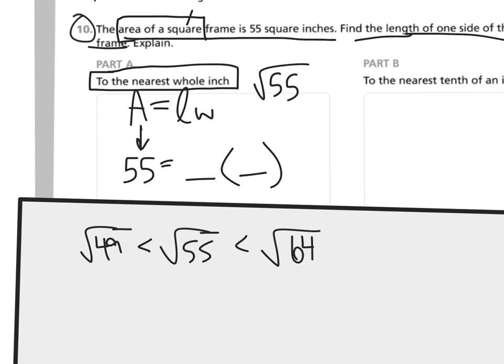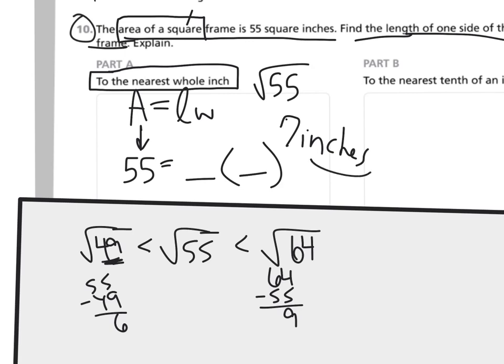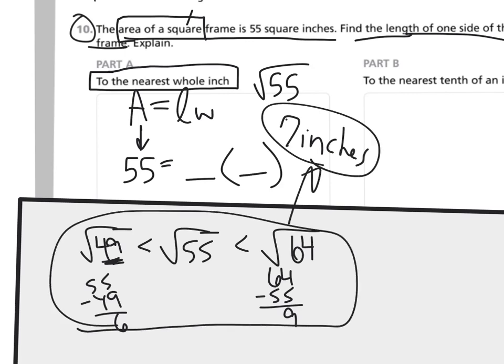Now we're just looking at the differences. From 49 to 55, that's a difference of 6. From 64 to 55, that's a difference of 9. So it's a little bit closer to 49. To the nearest whole inch, that would be 7 inches.